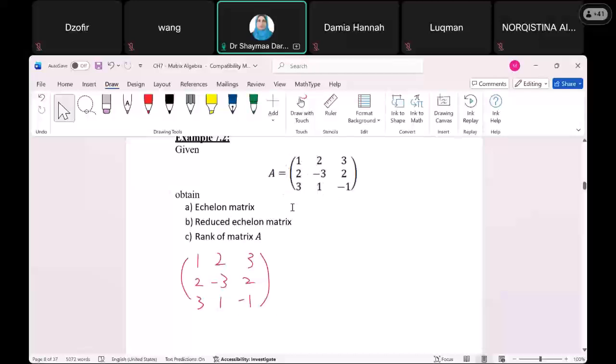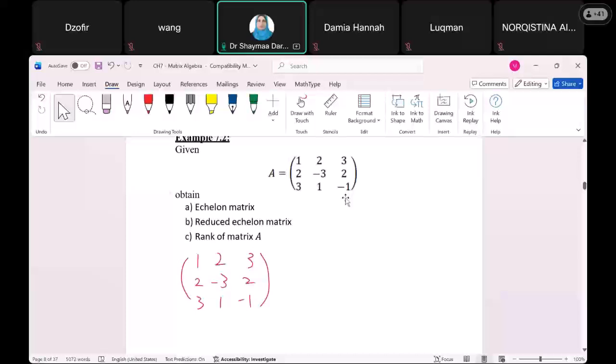For example, if instead of 1, 2, 3 I had 0, 0, 0, this row should go to the bottom. But here I don't have one, so there is no need for this step. In case your matrix has a row of 0, the first step is to move it to the bottom of the matrix.